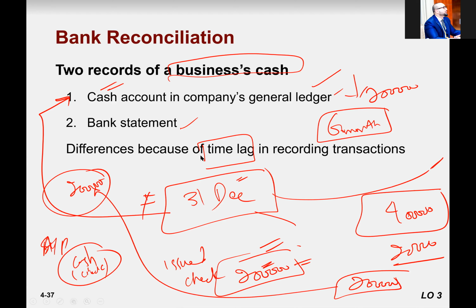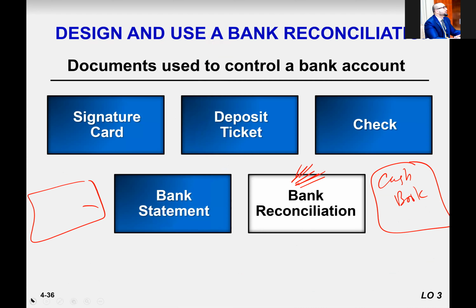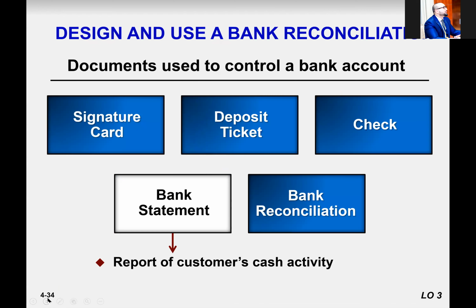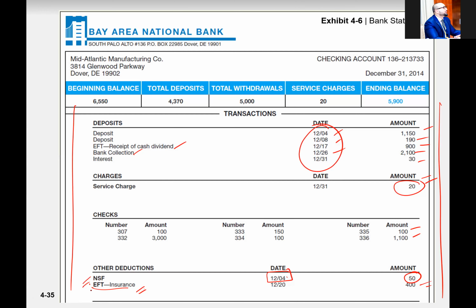Plus there are other things as well. In this bank statement, we authorized our bank to submit insurance on our behalf or collect amounts from the customers. For example, customers do not come to inform us that they have paid their balance.